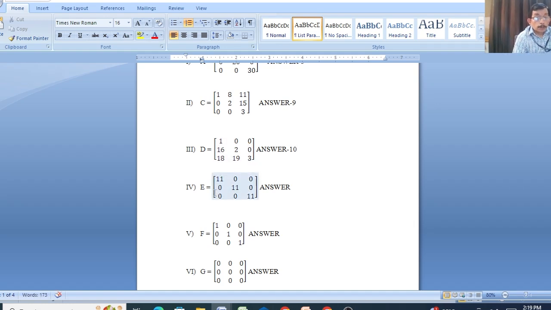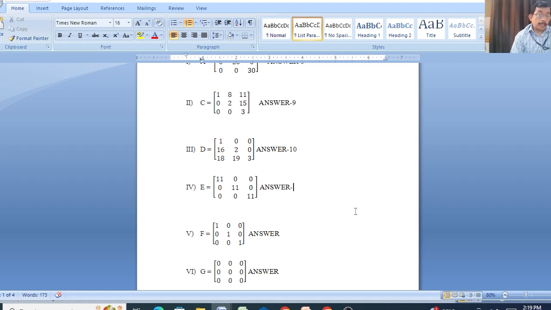Now the next example: the main diagonal elements are 11, 11, 11. It means they are equal, and the non-diagonal elements are 0. Then which type of matrix, students? Identity matrix, scalar matrix, diagonal matrix? This one is diagonal and scalar.